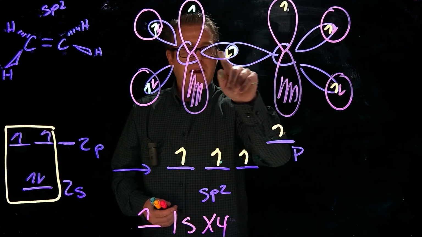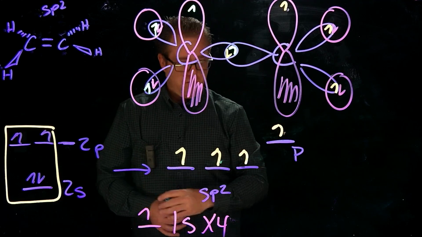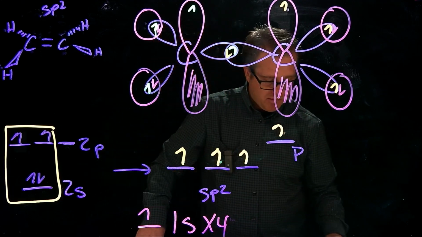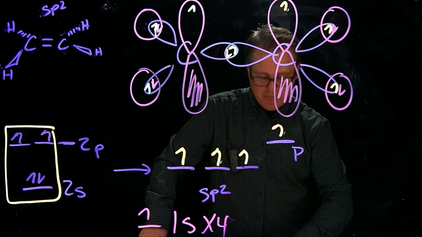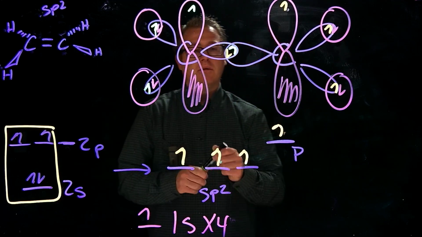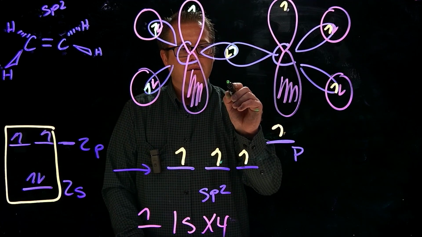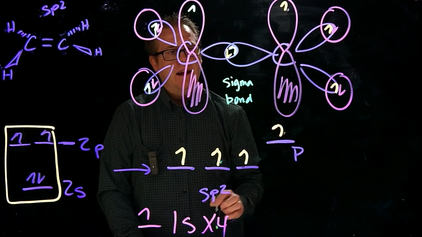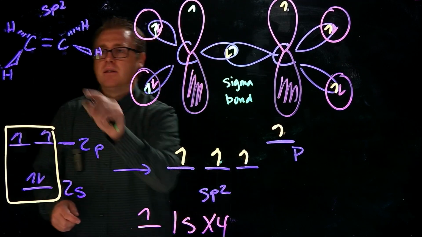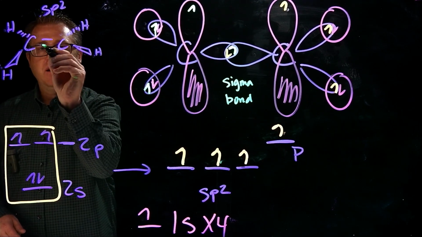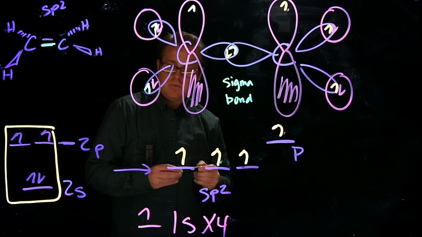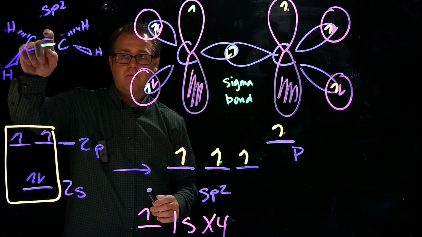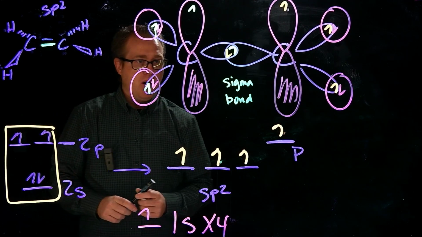Now this bond right here is going to be called a sigma bond. So that one right there is our sigma bond. And I can represent that sigma bond with the green. Okay. But then what is this blue bond right here? That is the pi bond.